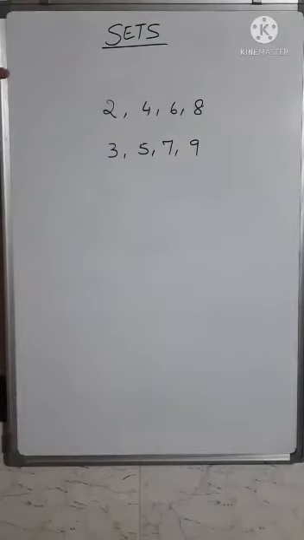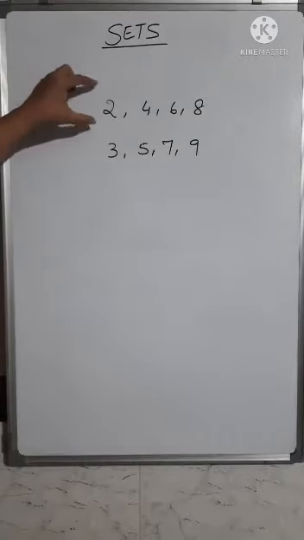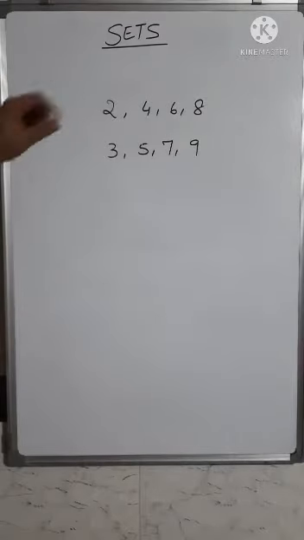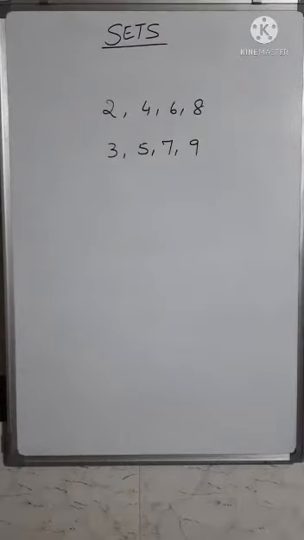So like this, if you can clearly decide what collection of elements these are, then such type of collection of objects you call it a set. So it can be defined as a group of elements or group of objects where you have got a proper connection or proper relation between them.